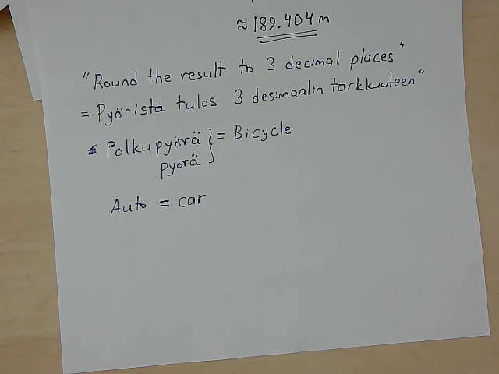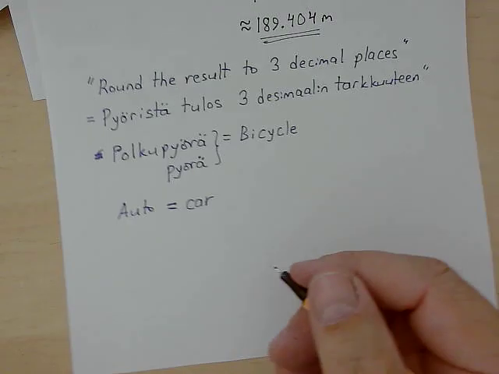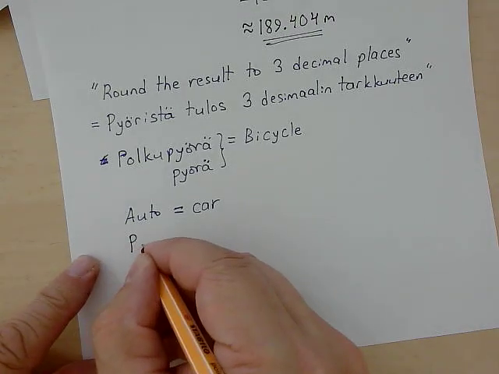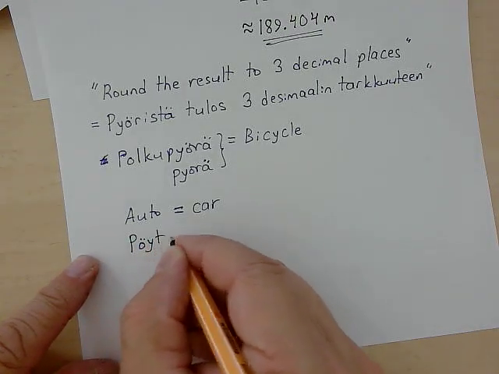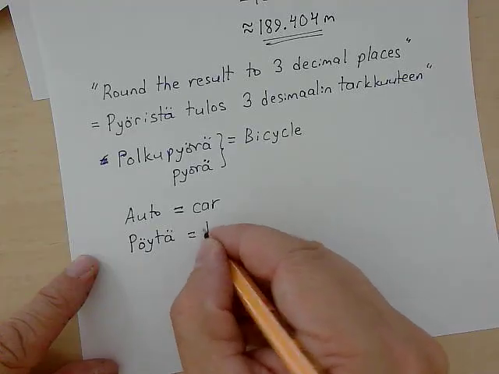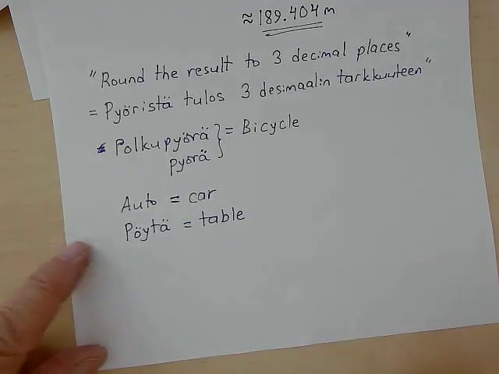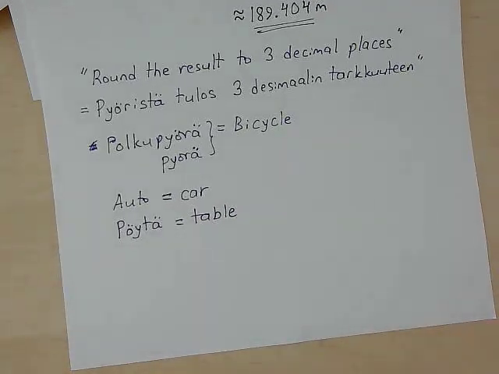Pyörä. Pöytä, yes, table. Pöytä, table. Yes, now I understand. Pyörä and pöytä. Yes, they are in a different order.